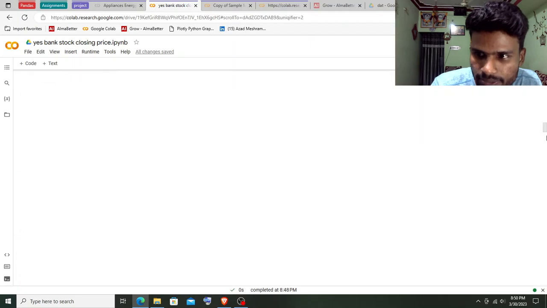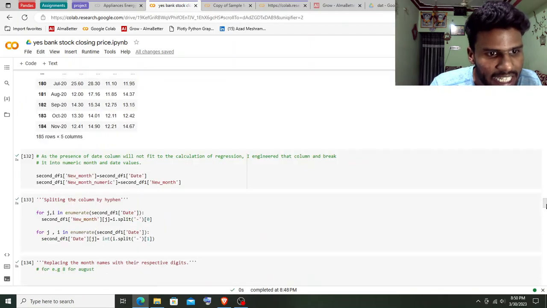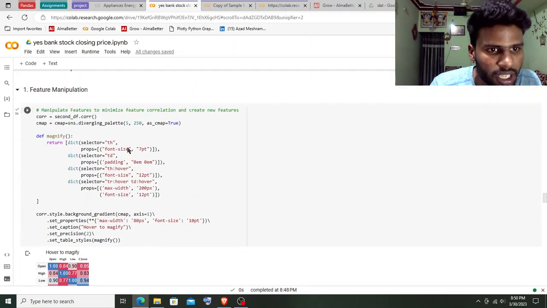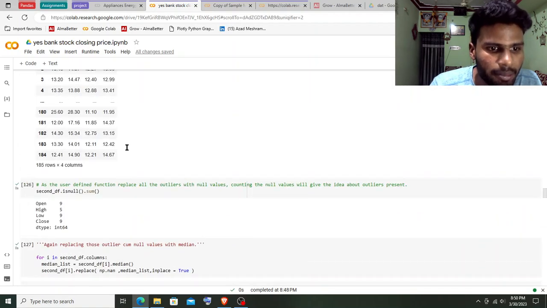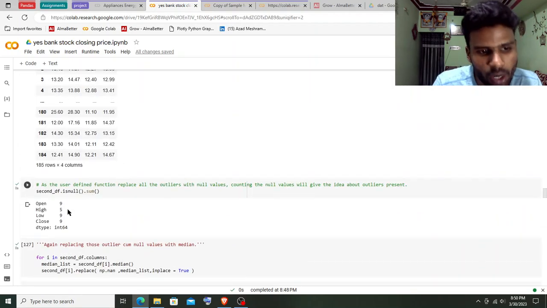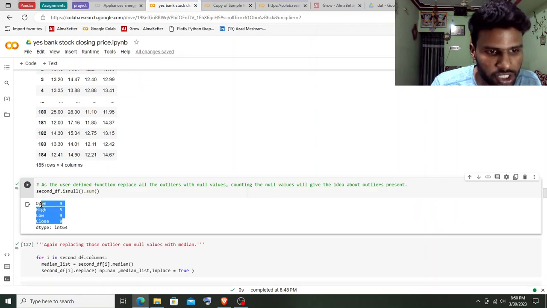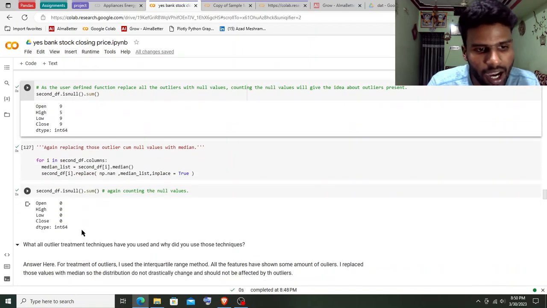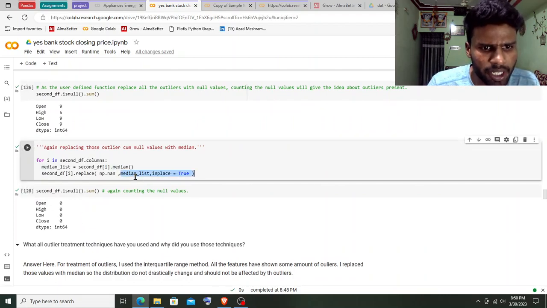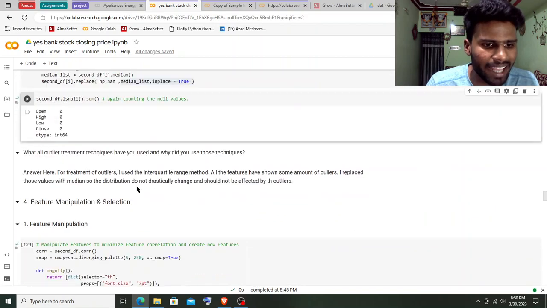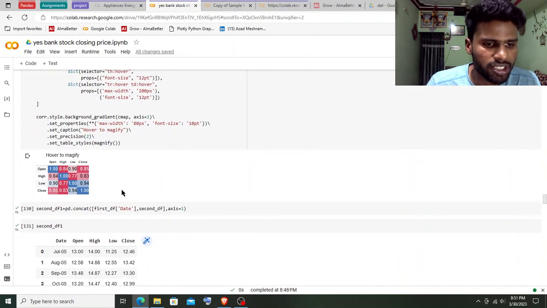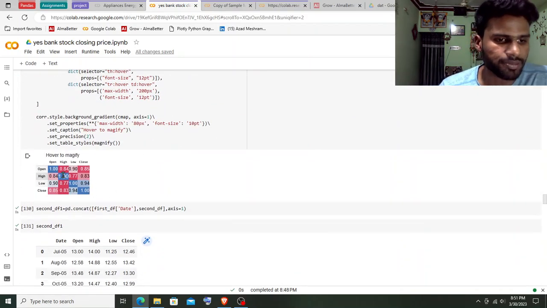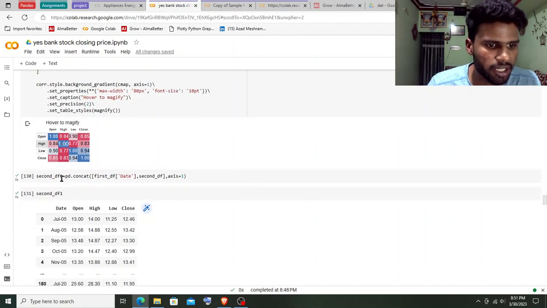That's why, for finding the outliers, I am calling the null value function, so that it gives me an idea about the outliers. Now I'm replacing those outliers by the median, so that it should give me a balanced data set. So this is the feature correlation again.